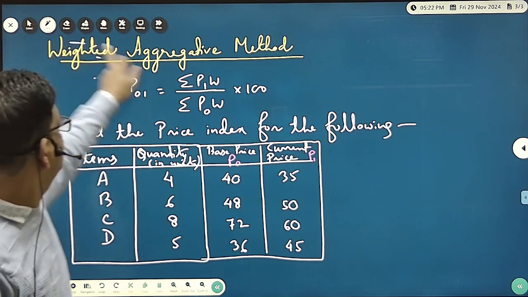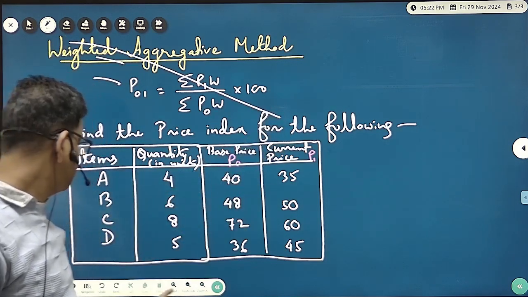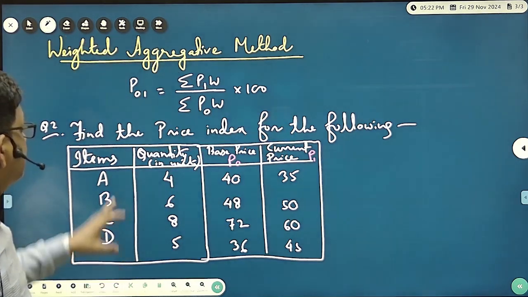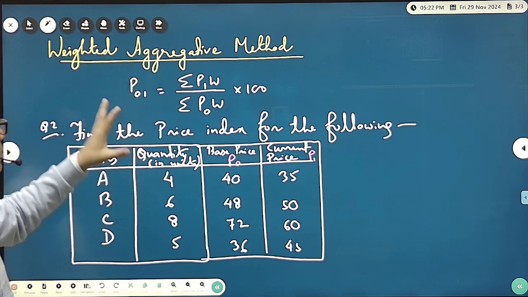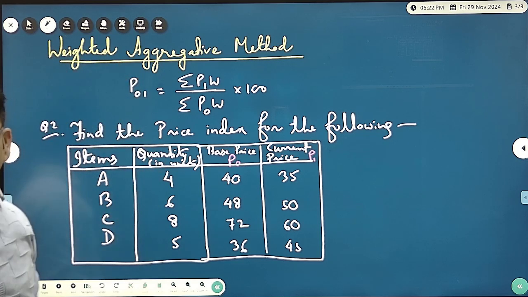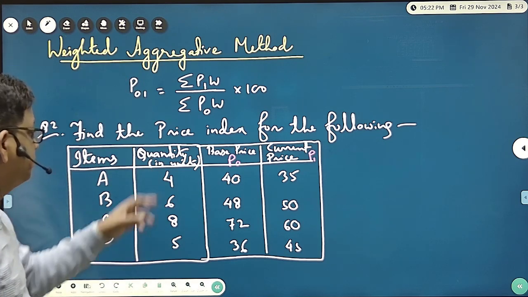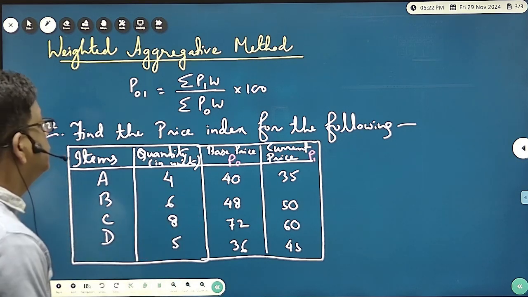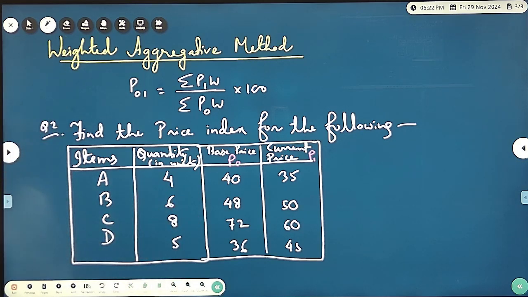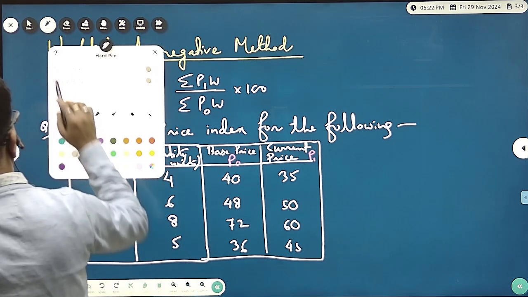This portion you will not get in an exam, but you must understand that now the quantities are mentioned, so we must go for weighted. Quantities means weight, so we use the word weighted aggregative method. As I always say in statistics, once you know the formula, you understand what to do. We have to do P1 multiplied by W. The W is the weight, so the quantity.